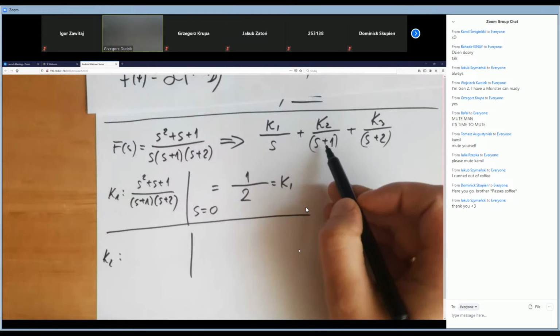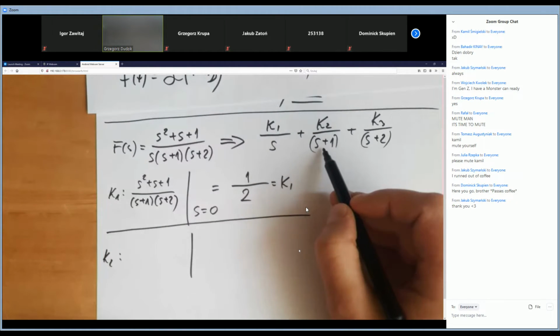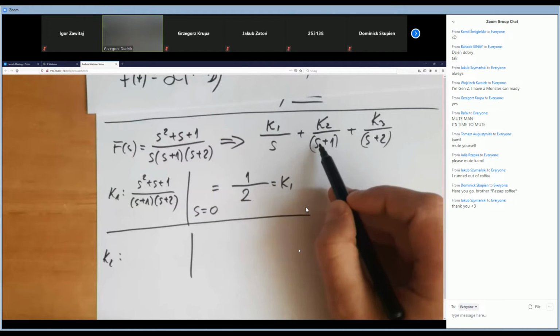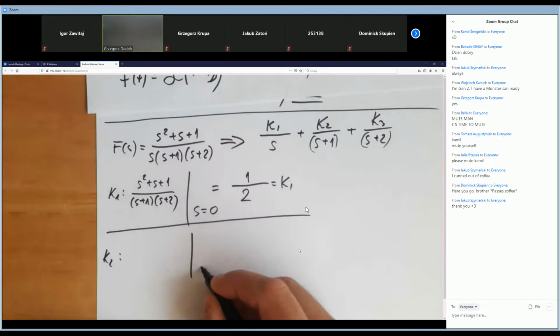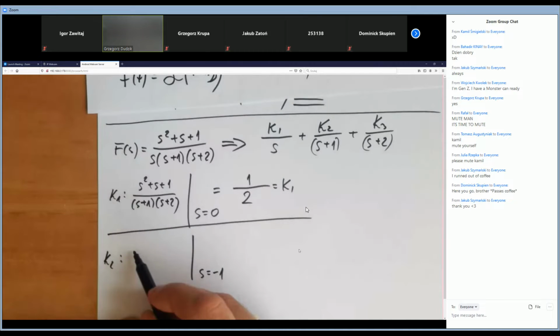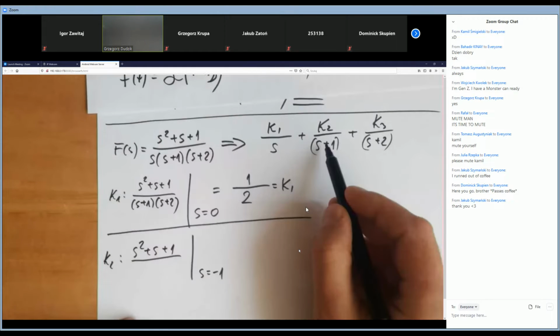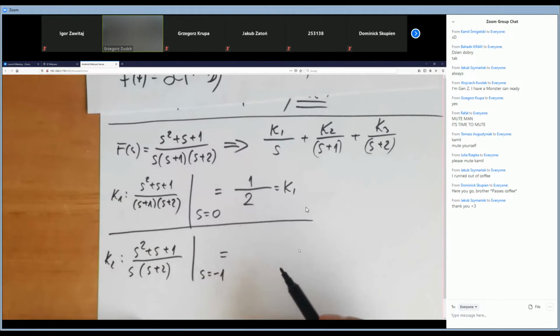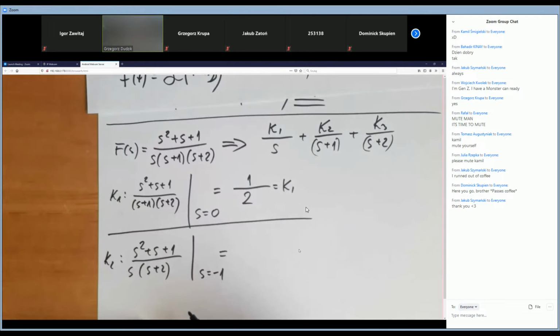K2, the root for K2 is minus 1. If we substitute s equals minus 1, we've got minus 1 plus 1 is 0. So it is s equal minus 1 here. And again, our Fs function is s squared plus s plus 1 over everything without the expression with the s plus 1. So it is s times s plus 2. Okay, and we have to just substitute s equals minus 1.